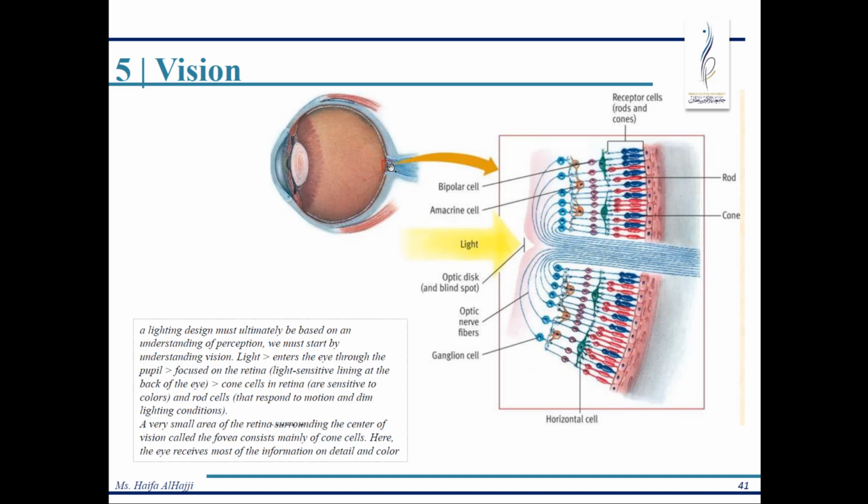So only the center line of the vision is always detailed with colors and details, and if you go further, at a further angle, you can only detect motion or a blurred vision around it, but the color is not going to be that accurate.